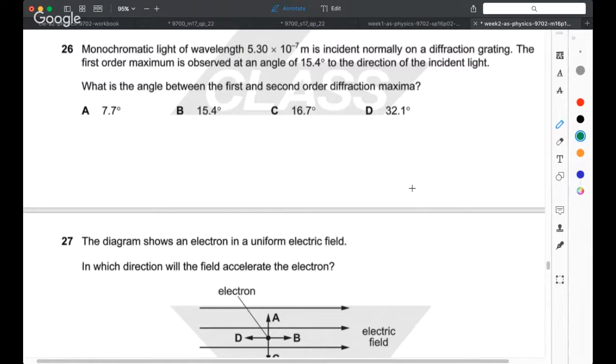Okay, so I don't know if it's. I've not done these sort of questions too much. I don't know what a maxima is.